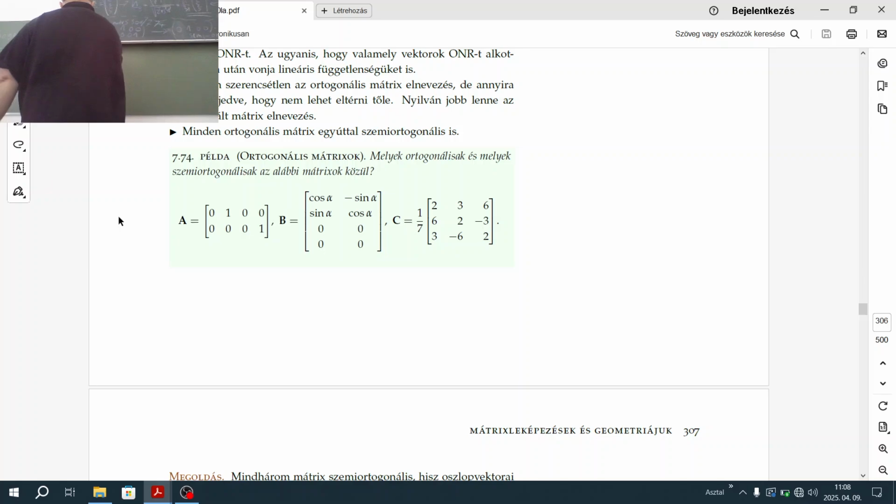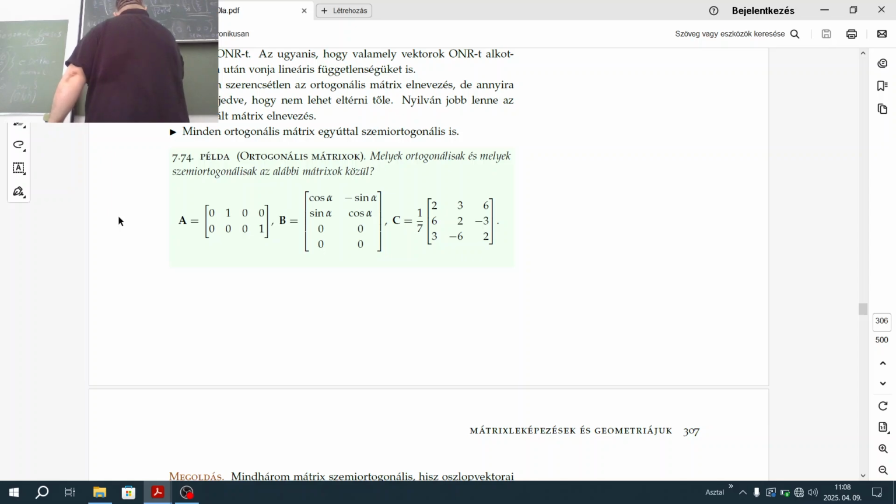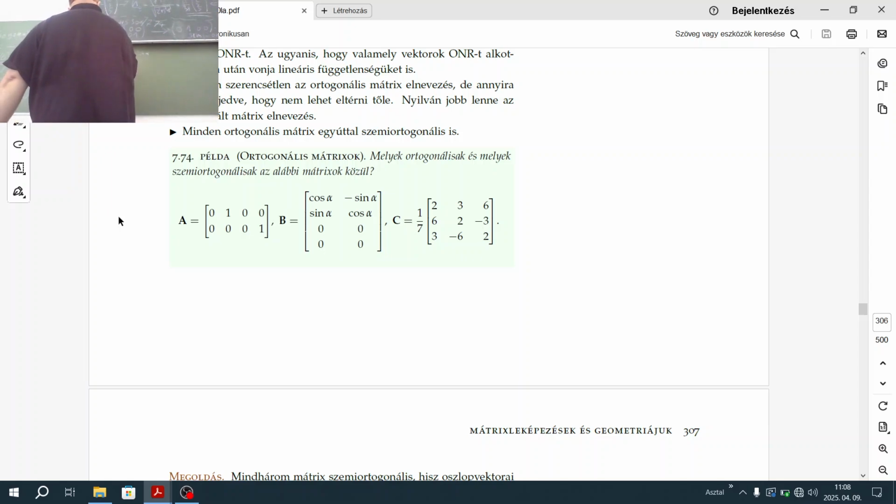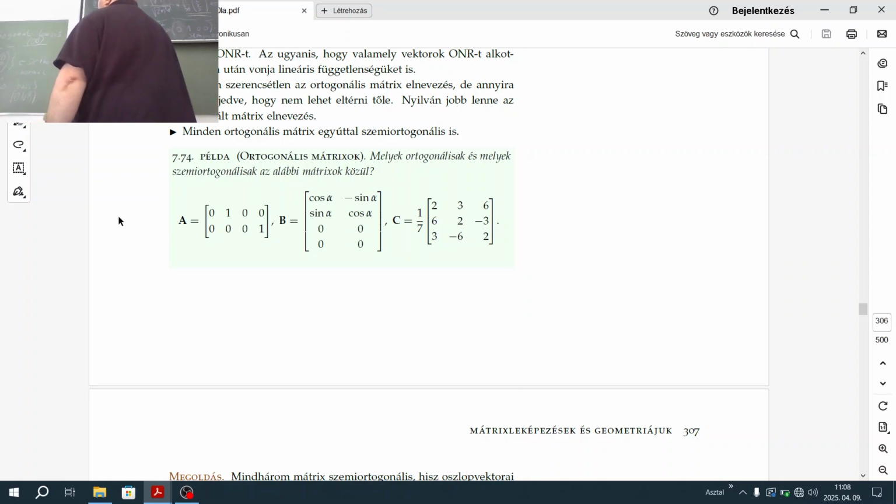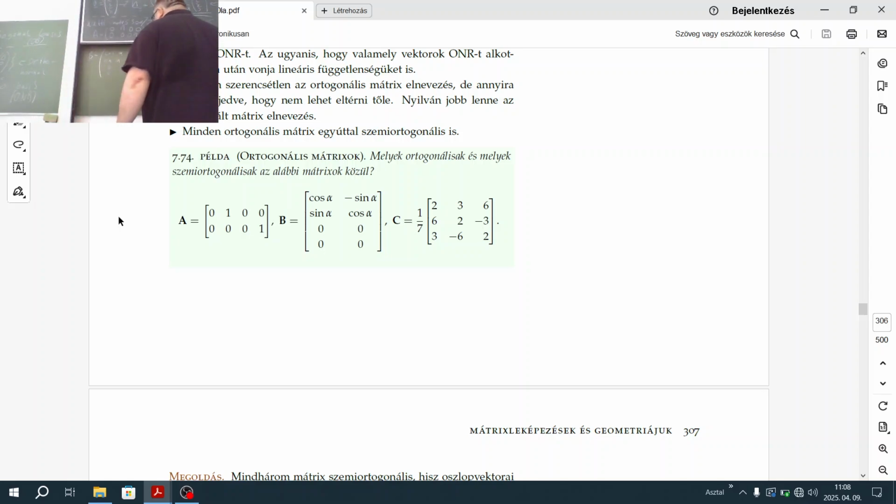The next, B, well, you can use the columns. That will be interesting, not for you, but for the Hungarians. So there are two vectors.